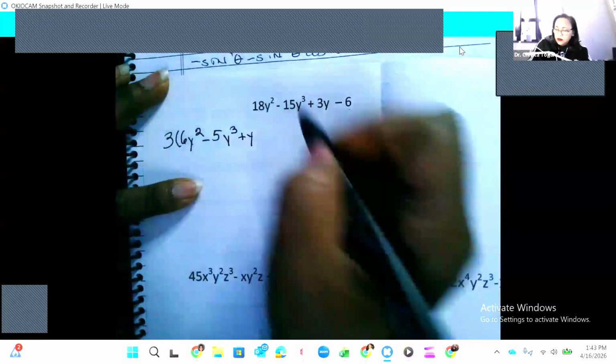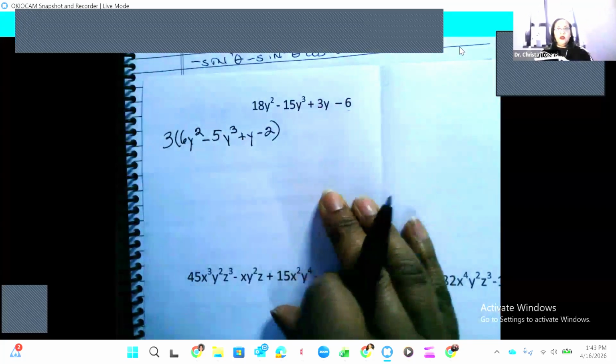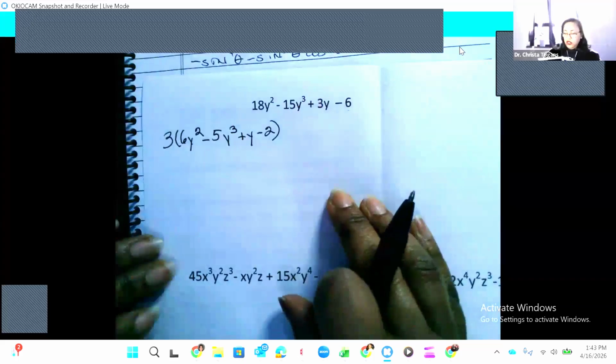And I just copy the y squared minus 5, y to the third plus y minus 2. And that is it. Okay. So there's plenty of room that you can write notes. So if you get in any way confused, then also write yourself some notes.